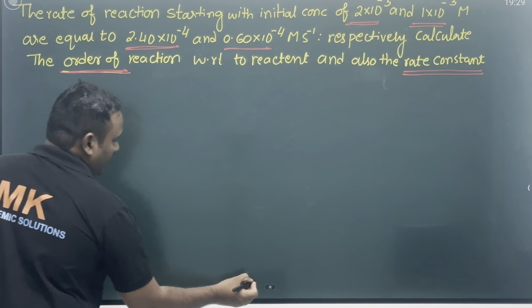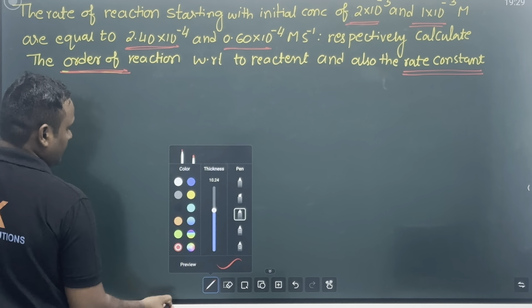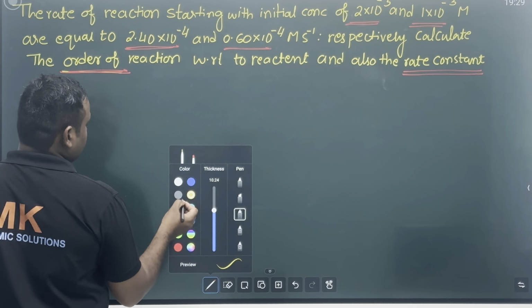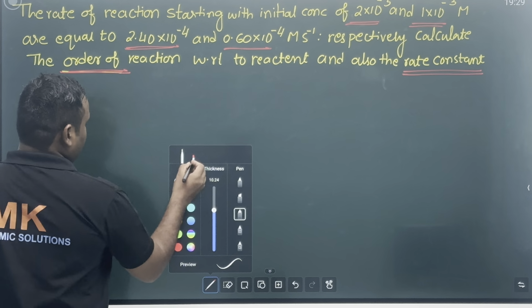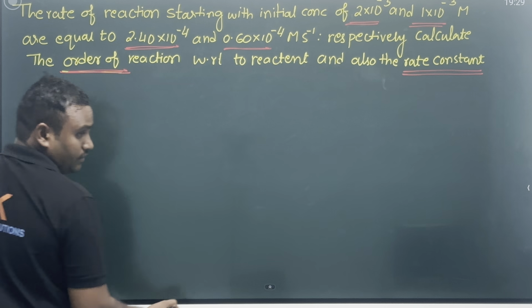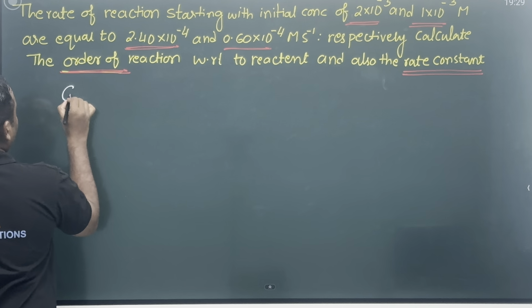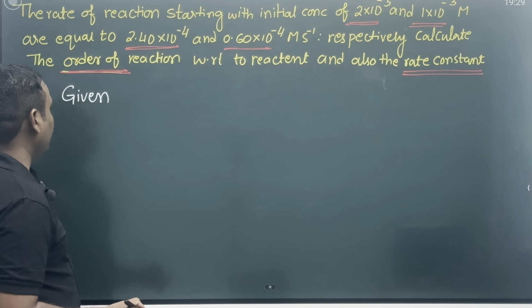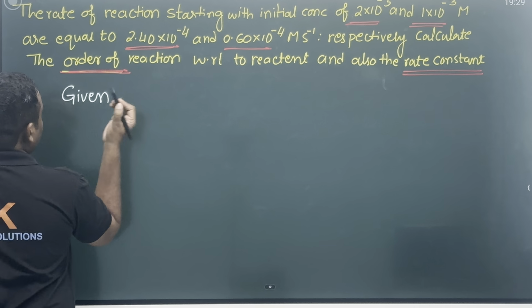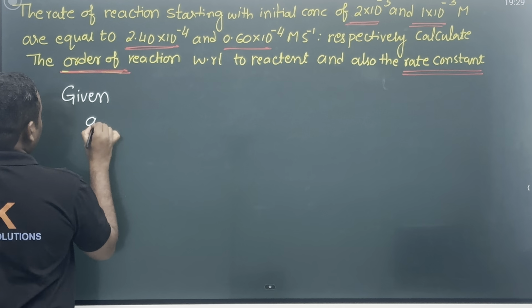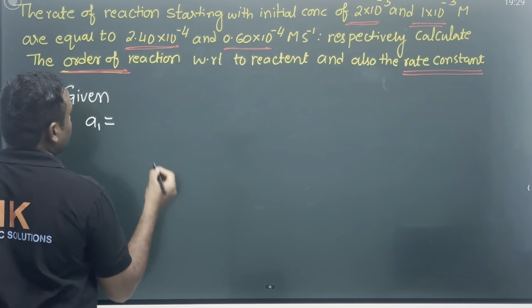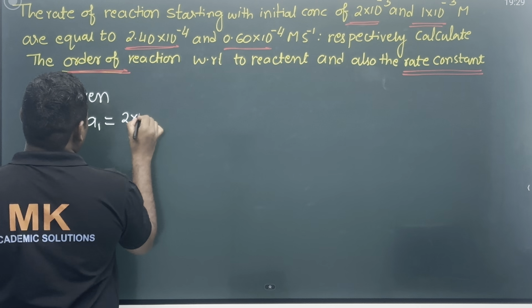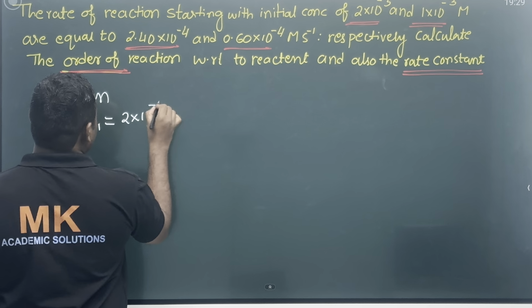So now let us take the given data first. A1, initial concentration, is 2 into 10 to the power of minus 3.